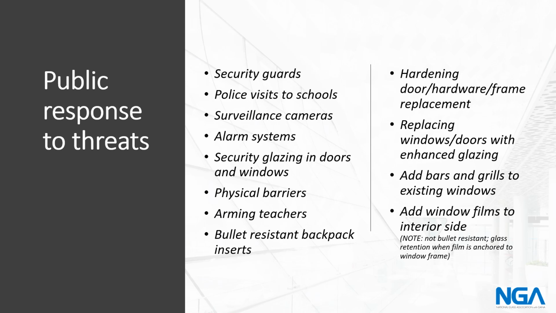There are multiple actions the public is taking to respond to threats in schools. Some of these, as listed on screen, include security guards and police visits to schools, surveillance and alarm systems, security glazing in doors and windows, physical barriers, bullet resistance backpack inserts, arming teachers, hardening door hardware and frame replacements, window and doors with enhanced glazing replacements, adding bars and grills to existing windows, and adding window films to the interior side of the glass.